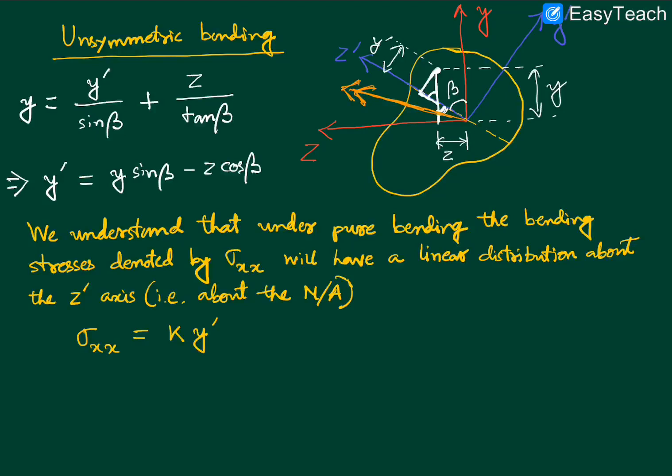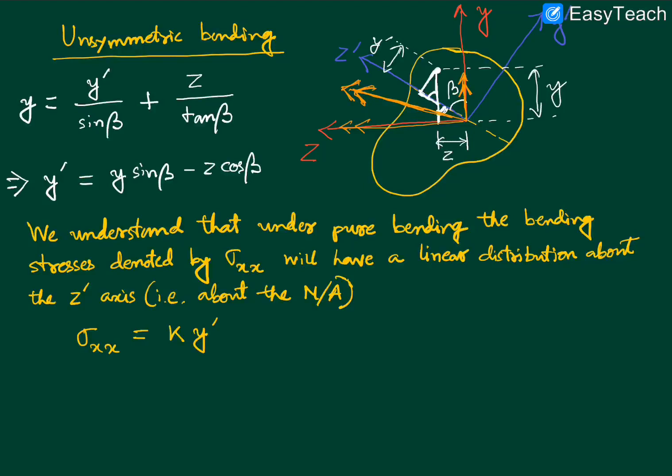What I want to do is resolve this in terms of its components along the z-axis and the y-axis. That will be something like this. Okay, this is not too bad, so maybe I do not have to make this orange colored double arrow disappear.